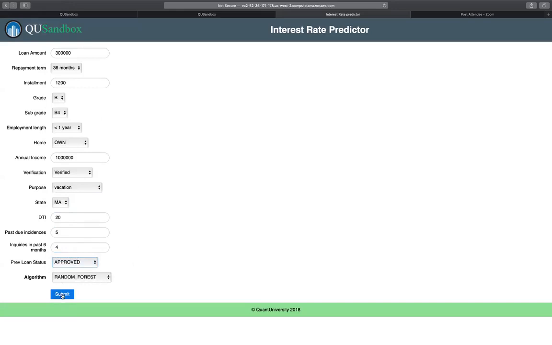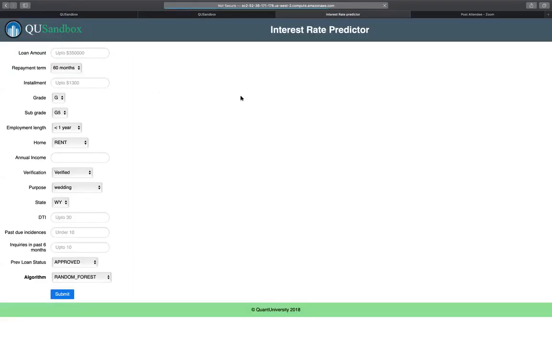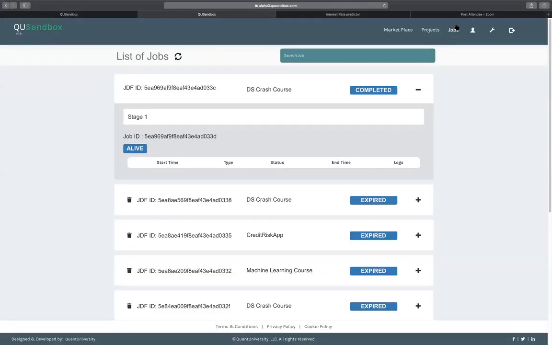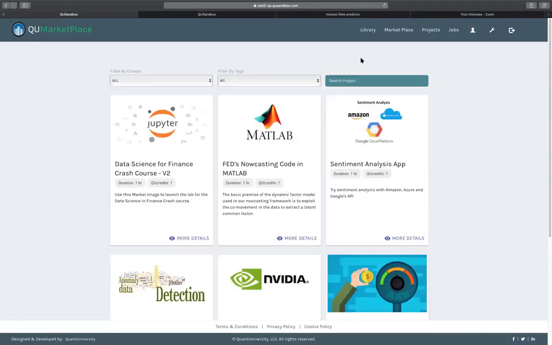So if I want to choose an algorithm, so now what it's actually saying is it used this neural network algorithm and said that you are going to get 18% as the interest rate. So how did we get to 18%? That's where we're going to go under the hood and look at the actual algorithm, if you will.